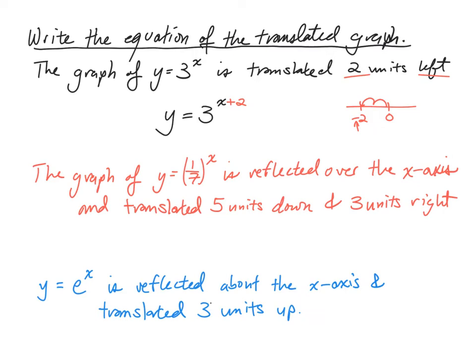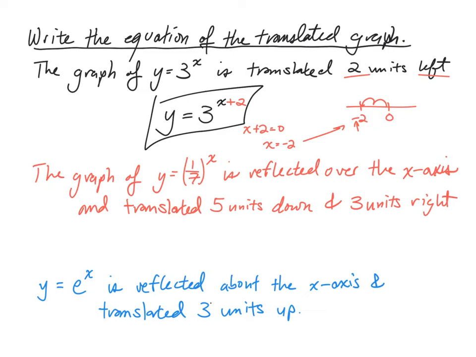Again, that goes back to, because the 2 is grouped up with x, we would have to solve for this x. So if we said x plus 2 equals 0, we now know that x equals -2, which is what this is referring to. So we have to play this little game that the signs are going to lie for an x movement. So this will be your answer for the first example.